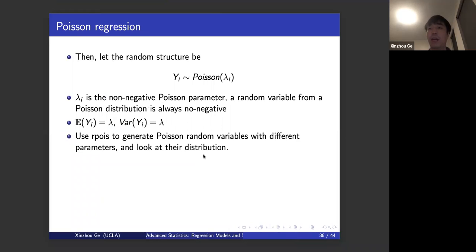So far we have found the correct distribution to describe the response. The next step is to find the link function between the response and the predictors.